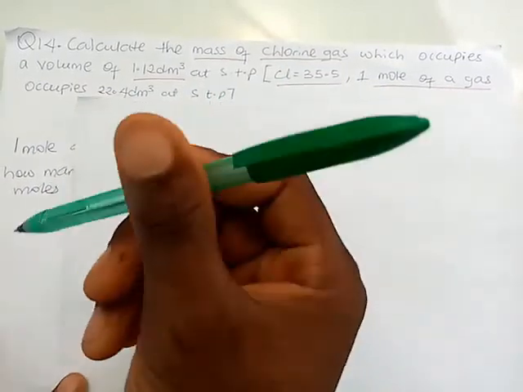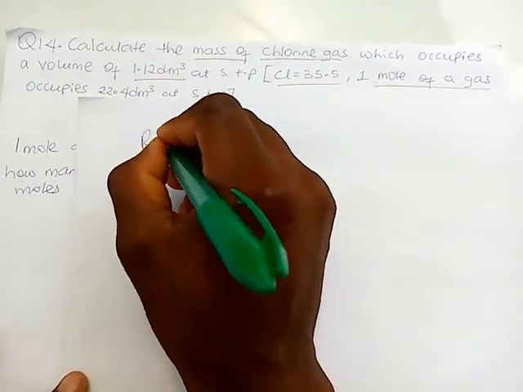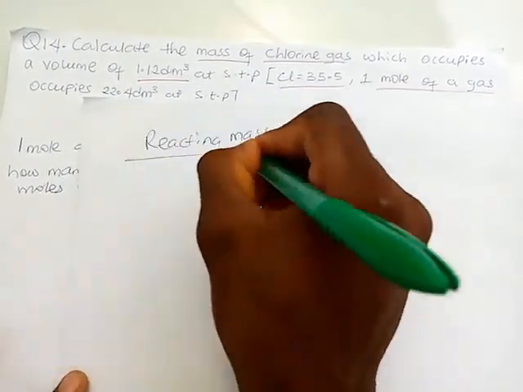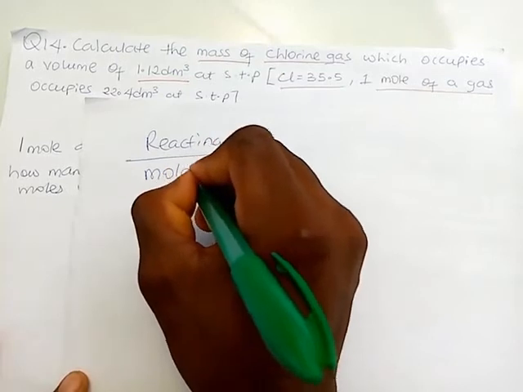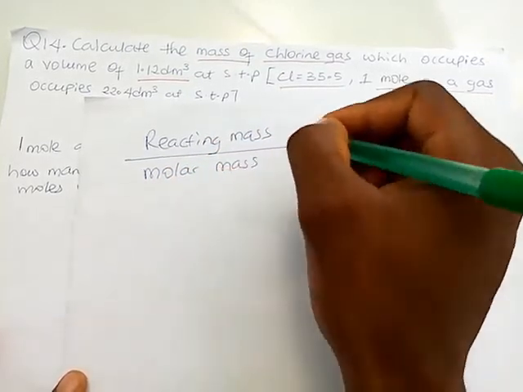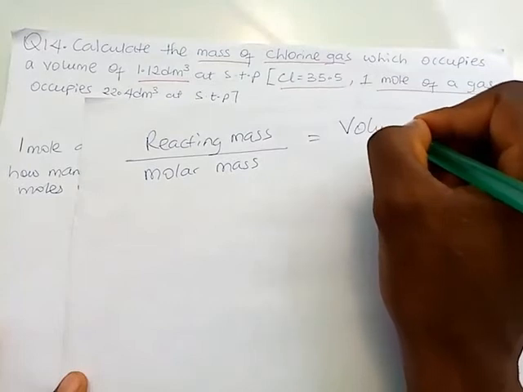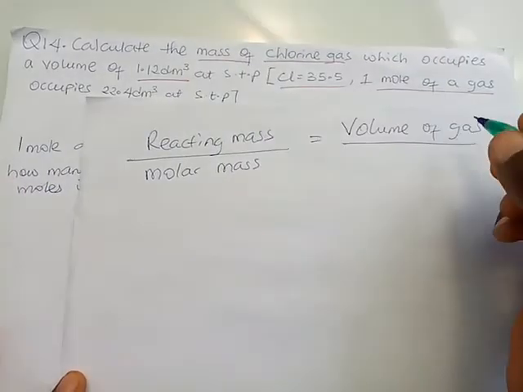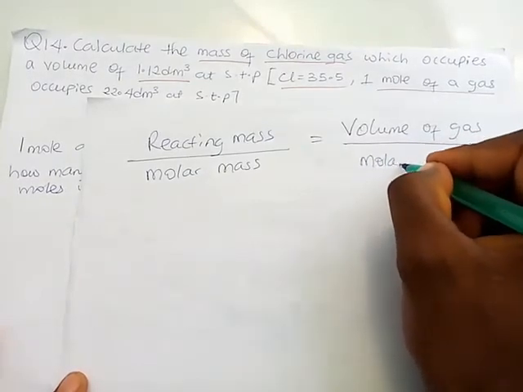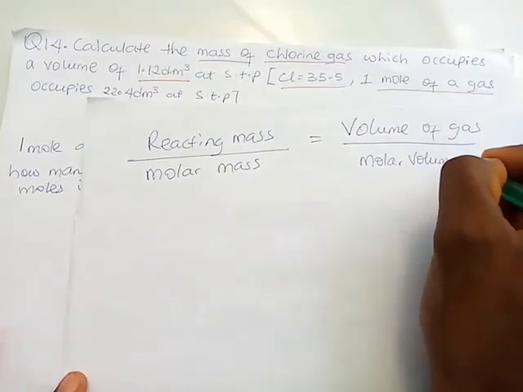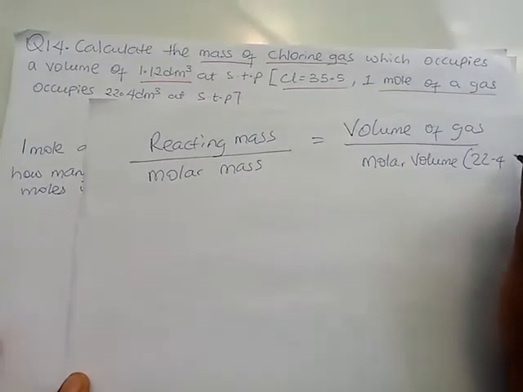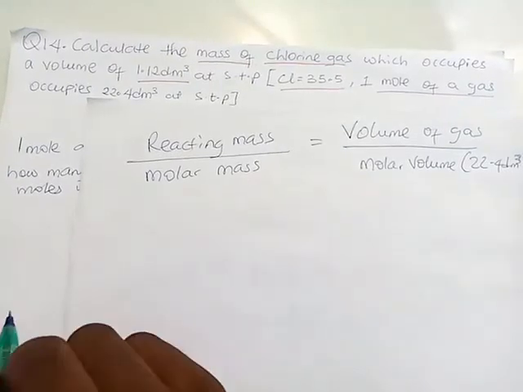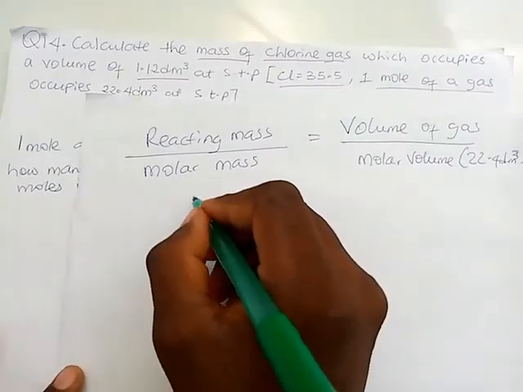So I'll take this one that says reacting mass all over molar mass is equal to volume of gas all over molar volume. That's the 22.4. So the reacting mass is unknown. That would be my x.